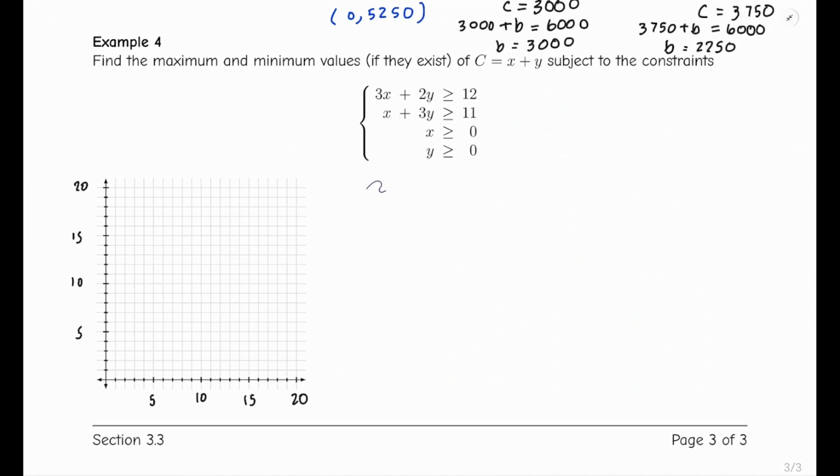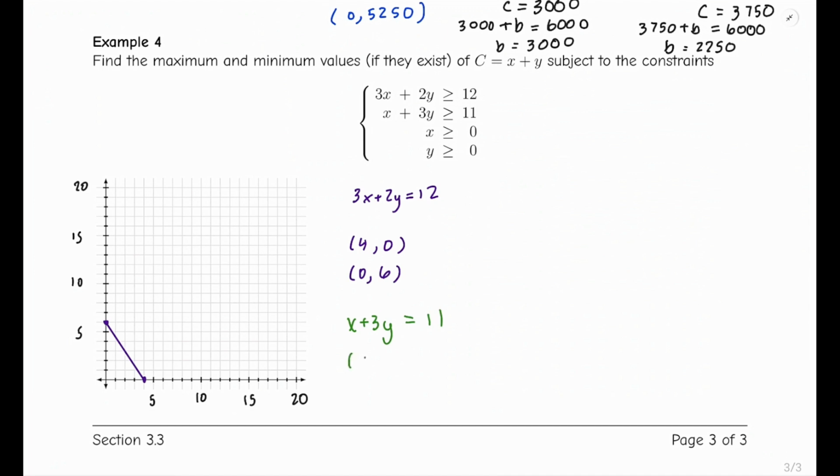So we find our feasible region first, so graph our boundary lines. Using the cover-up method, we get an x-intercept of (4, 0) and a y-intercept of (0, 6). And then x plus 3y is equal to 11. Oh, this one's not going to be nice.